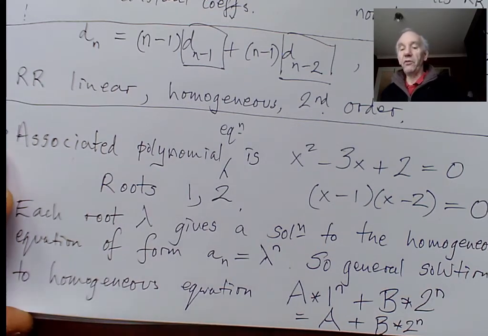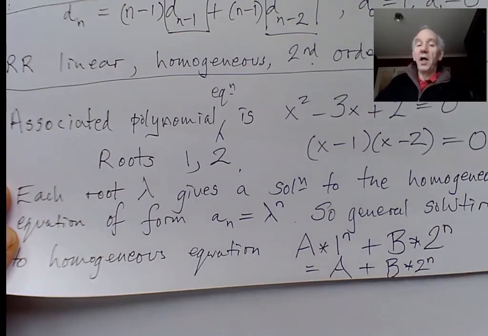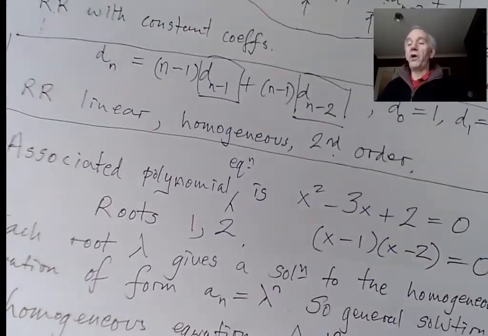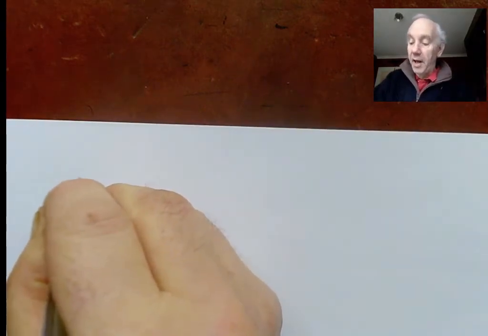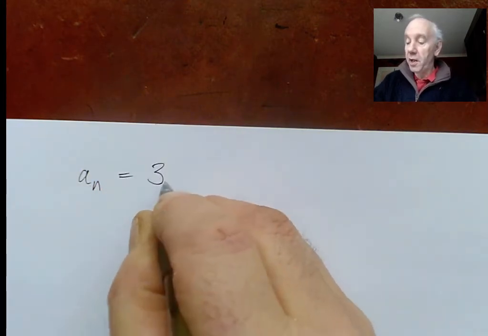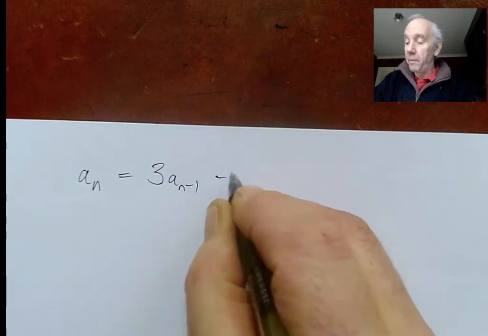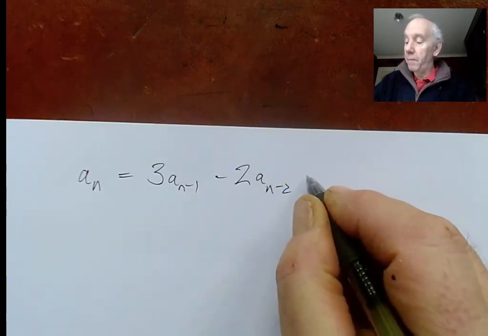Okay, let me just summarize on a separate sheet. We started with an equation which was a_n equals 3 a_{n-1} minus 2 a_{n-2} plus 1.